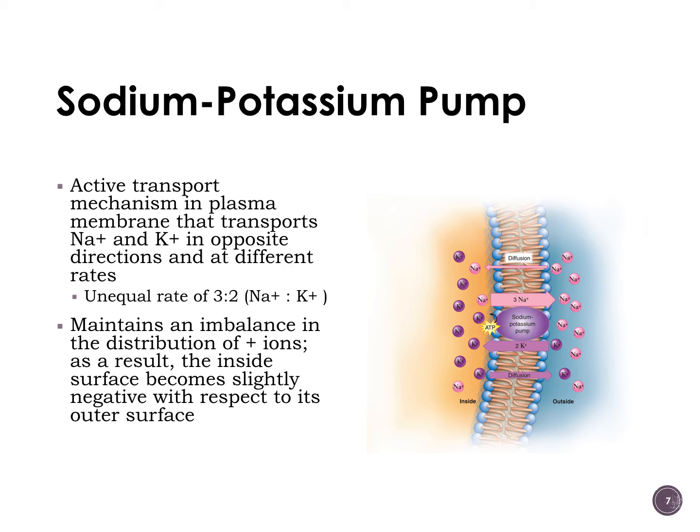The unequal rate is 3 to 2, meaning 3 molecules of sodium to 2 molecules of potassium. It's going to help to maintain that imbalance in the distribution of positive ions, and as a result, the inside surface becomes slightly negative with respect to its outer surface, as we were previously discussing.